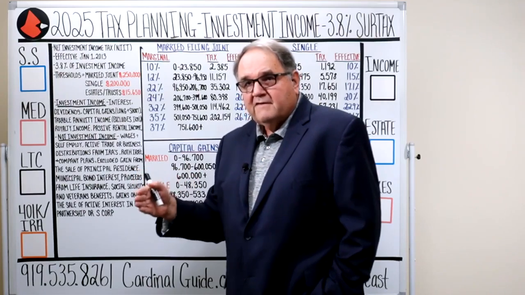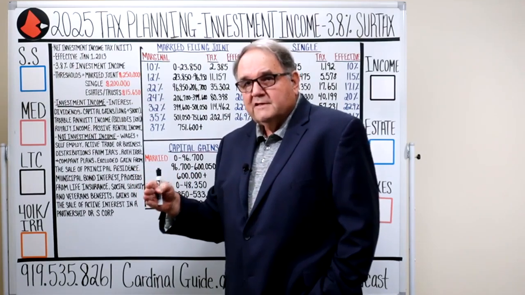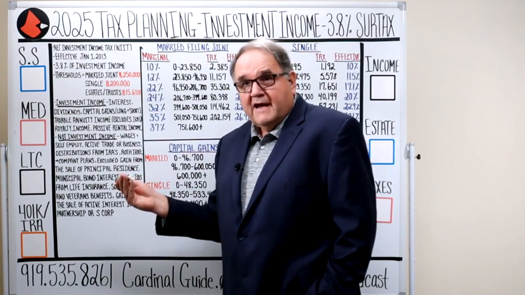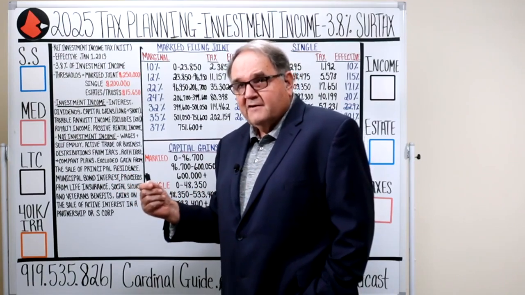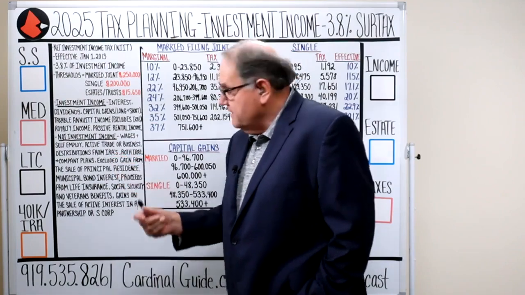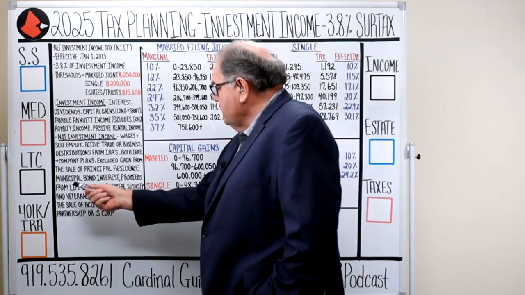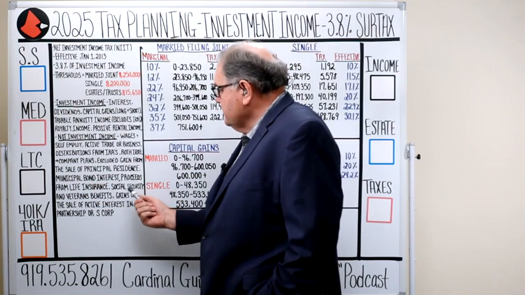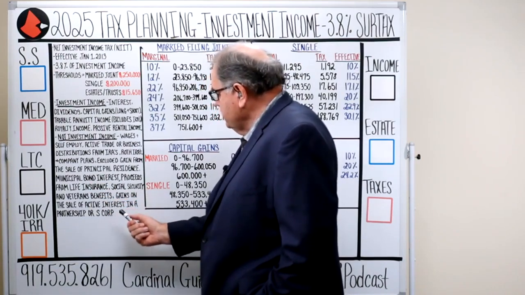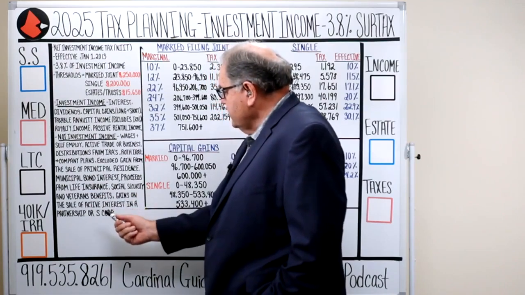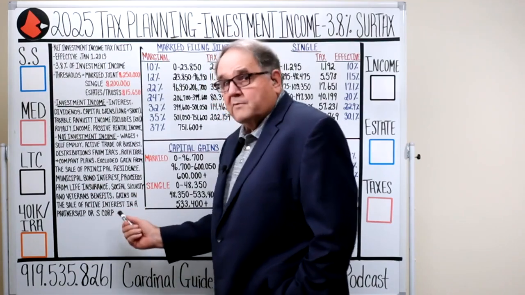That $250,000 or $500,000 exclusion, you're not going to have to pay the 3.8% on. But if you sell your house for way more than that, you're going to have to pay the 3.8% on the amount above the exclusion. Municipal bond interest, proceeds from life insurance, Social Security and veterans benefits, and gains on the sale of an active interest in a partnership or S corporation.